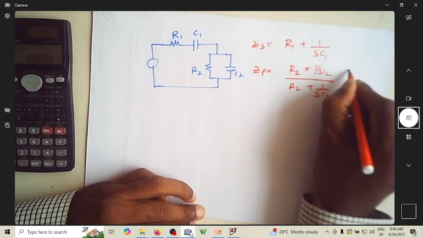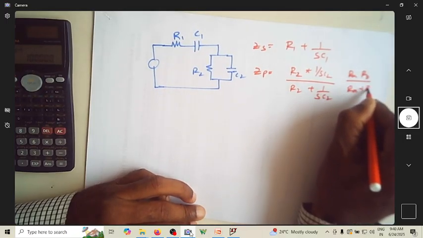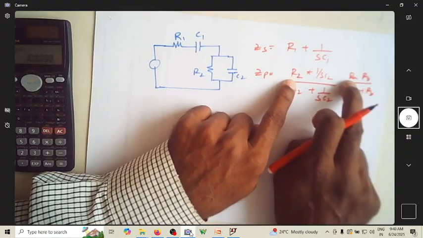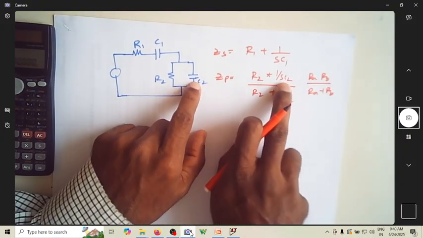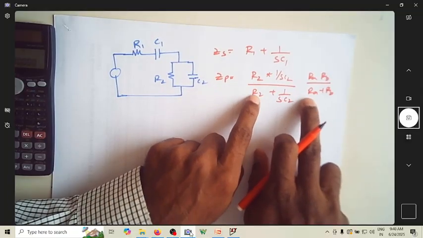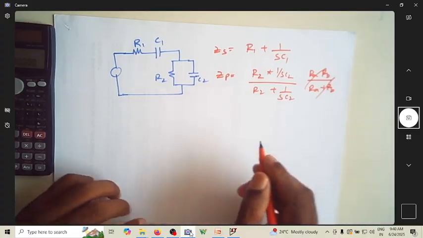The way you write RA into RB by RA plus RB, in place of RA you have R2, in place of RB you have this capacitance which is 1 over SC2. Again it is RA is like R2, RB is like this reactance.